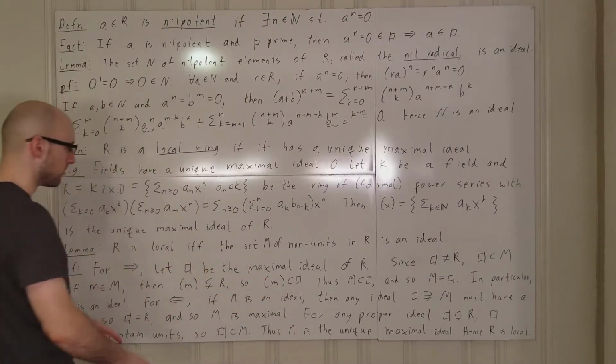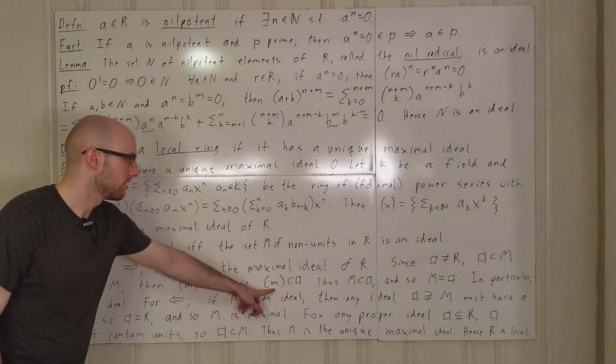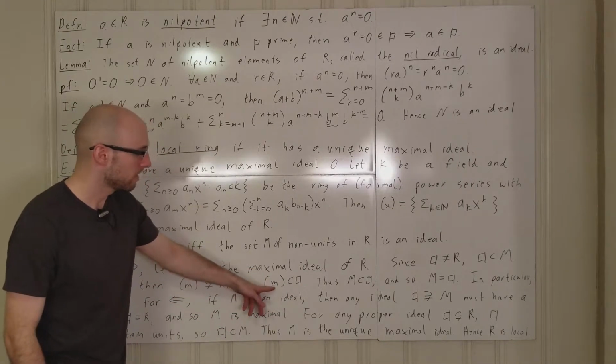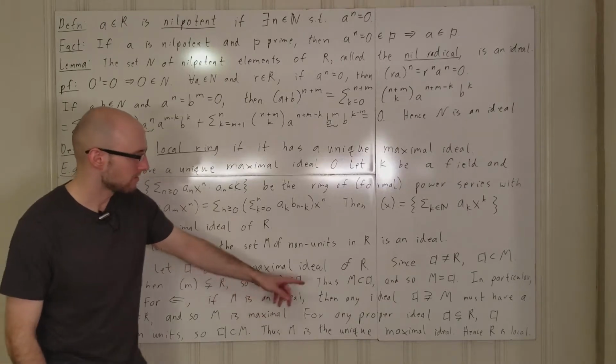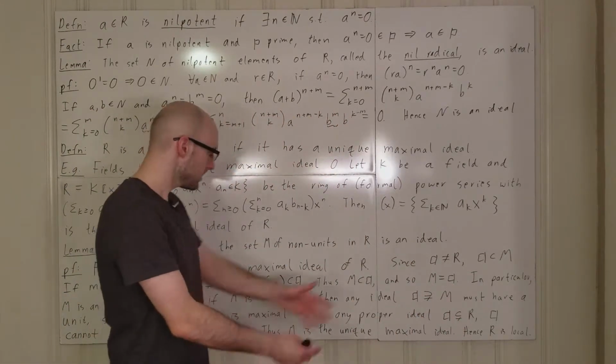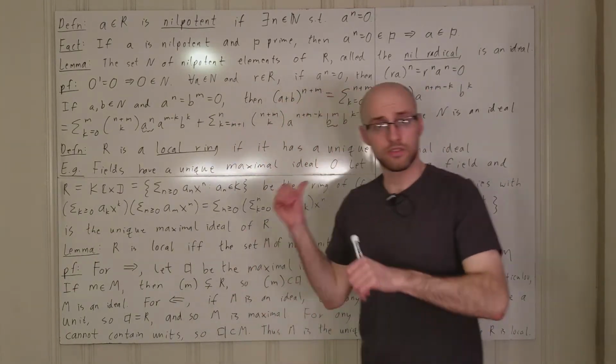This holds for every m in capital M, and so every element of capital M is in A. And so M is contained in A, and so we have equality. So in particular, M is an ideal. So that's the forward direction.